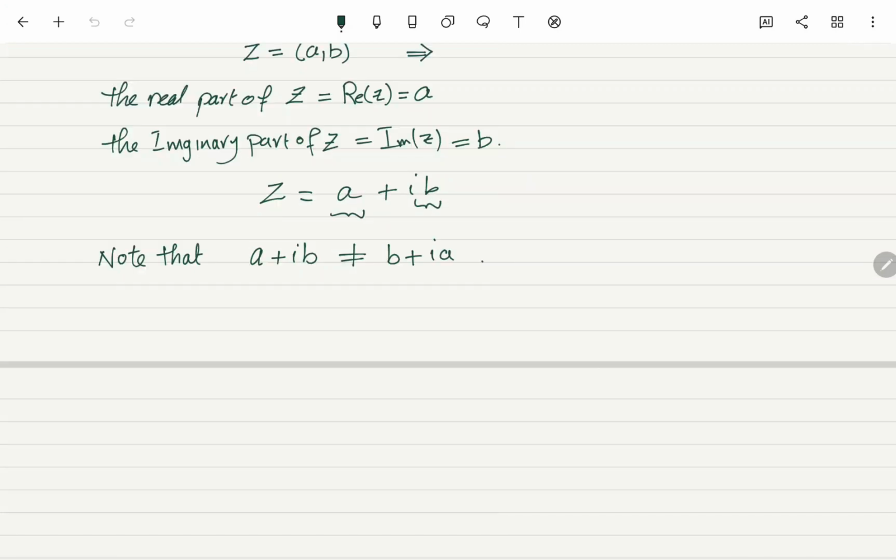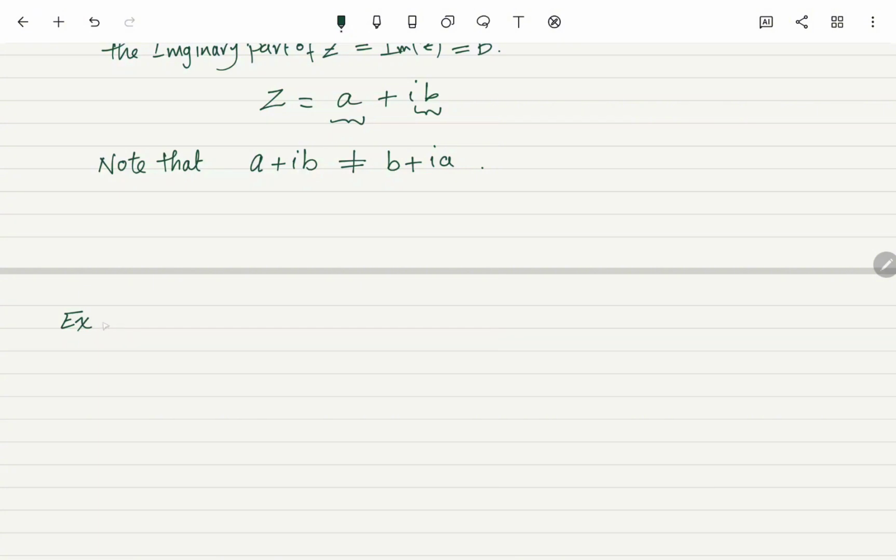Examples for complex numbers: z1 equal to 3 plus 2i. In this case, the real part is equal to 3 and the imaginary part is equal to 2. Now z2 as another example equal to -5.3 plus 26.9i, and again the real part is equal to -5.3 and the imaginary part is equal to 26.9.